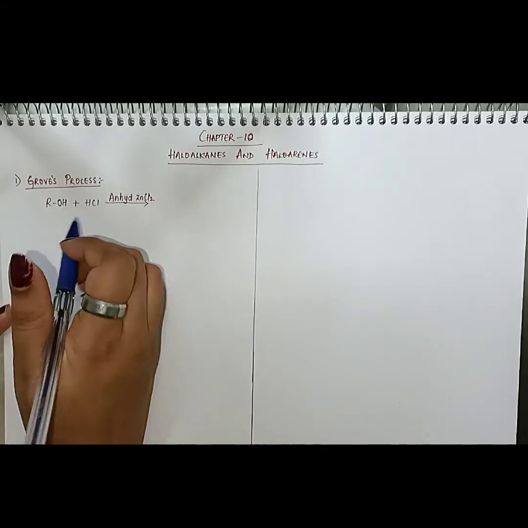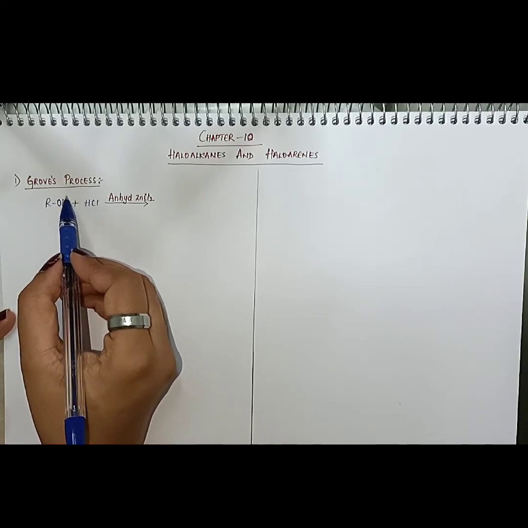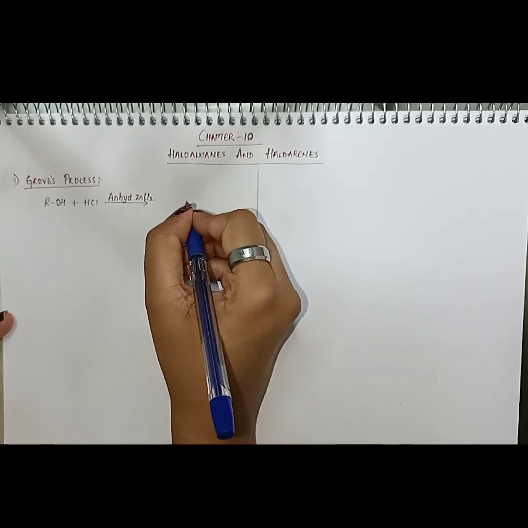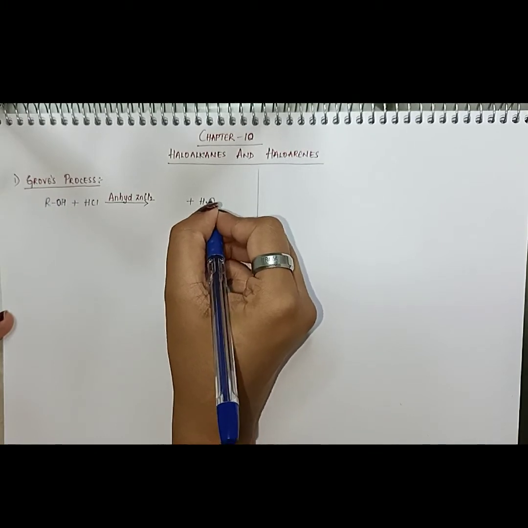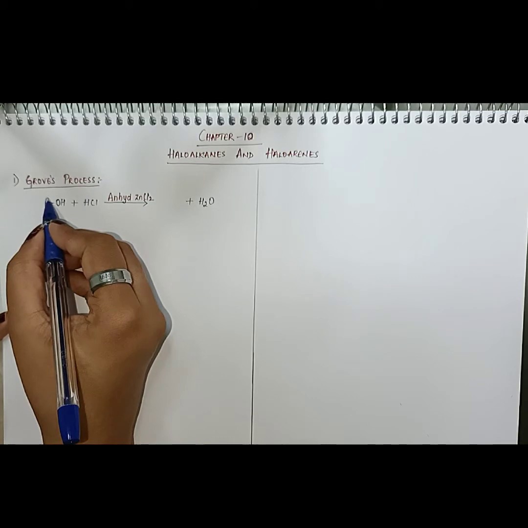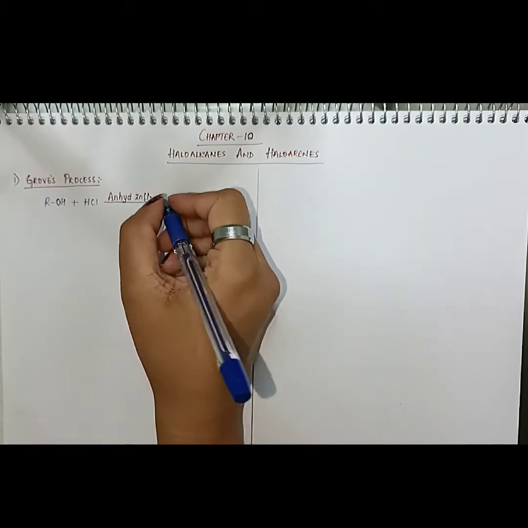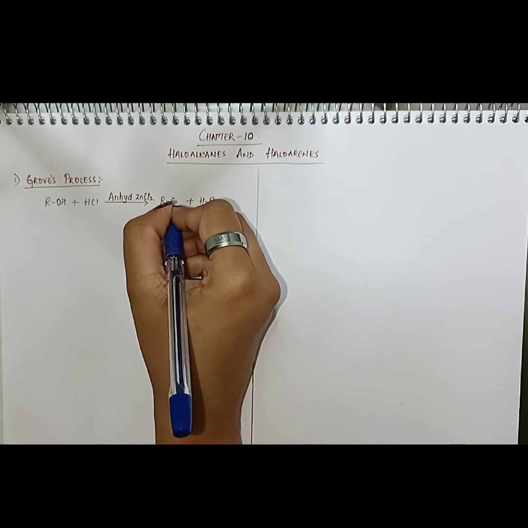Now in this case, OH from here and hydrogen from here will combine together to give water. Cl being the negative center is going to bond with R, which is the positive center here, to give alkyl halide. So we have RCl.